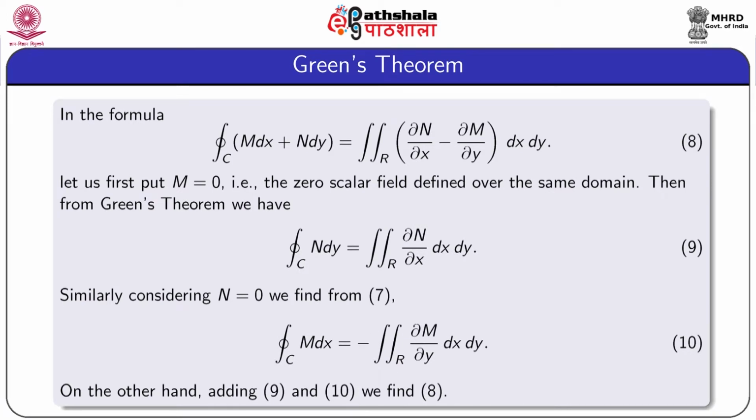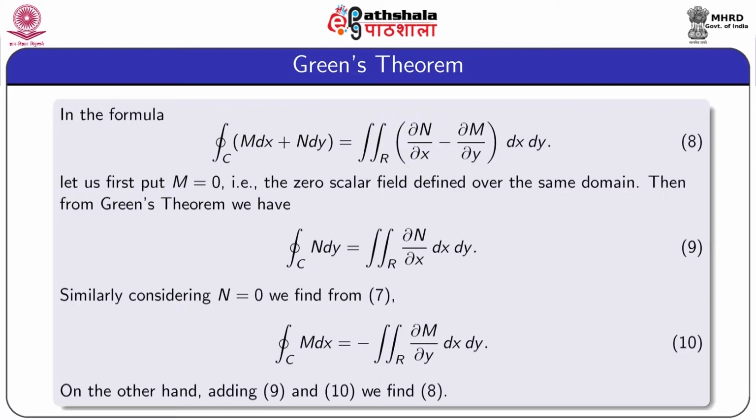Now, we consider the formula used in Green's theorem, that is integral over C M dx plus N dy equal to double integral over the region R del N del x minus del M del y dx dy. In this, we first put M equal to 0, that is the 0 scalar field defined over the same domain.